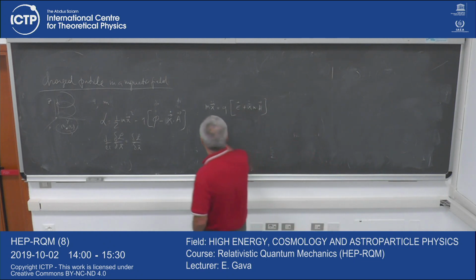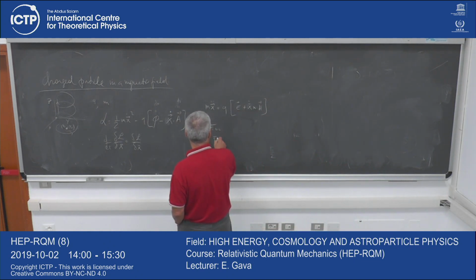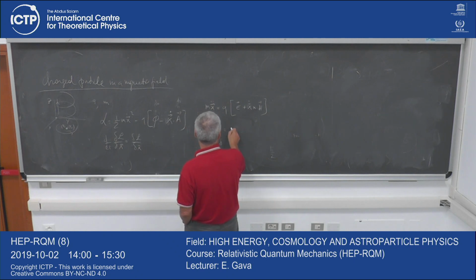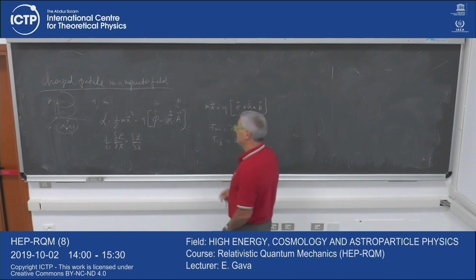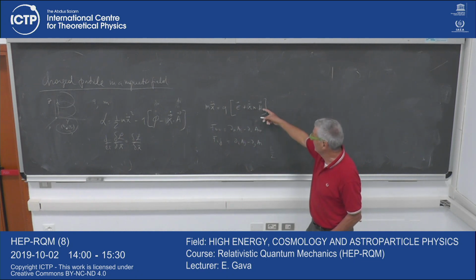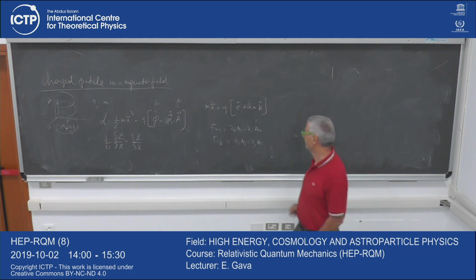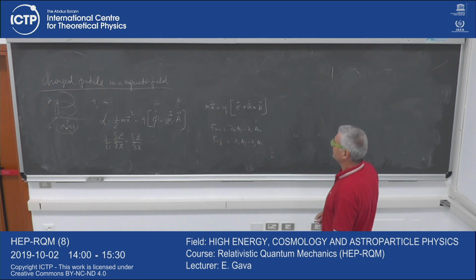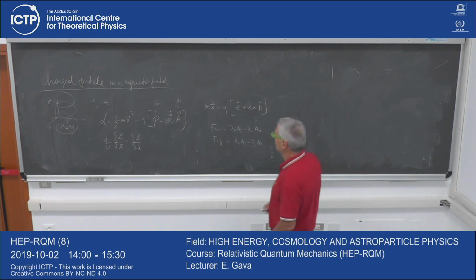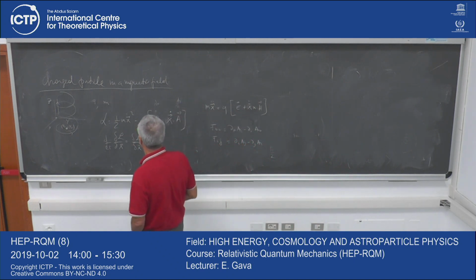So you have F0i and Fij. This is D0 Ai minus Di A0, which is essentially the electric field, and this is Di Aj minus Dj Ai, and if you contract with an epsilon, you get Hi. So this is the equation of motion that you get from this Lagrangian.